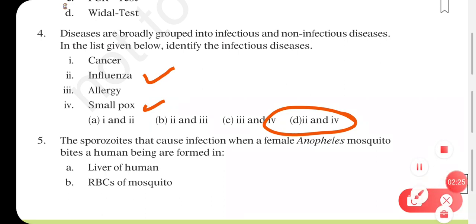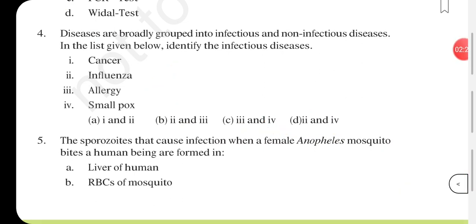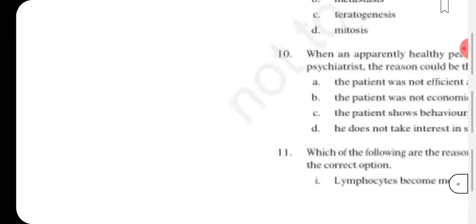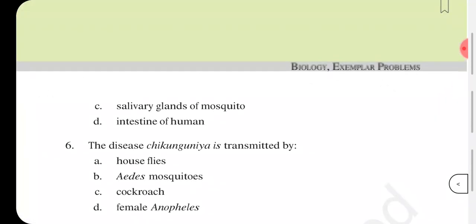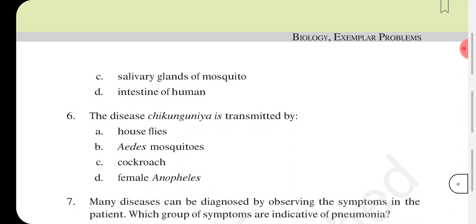Next question. The sporozoites that cause infection when a female Anopheles mosquito bites a human being are formed in the liver of human, RBCs of mosquito, salivary gland of mosquito, or intestine of human?